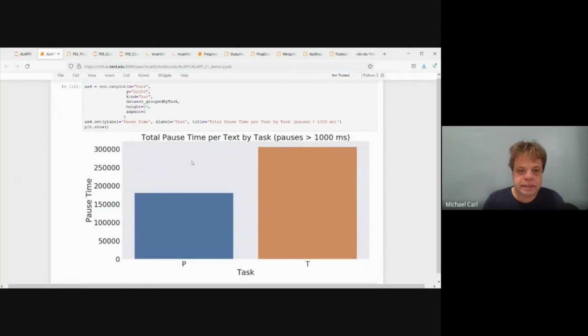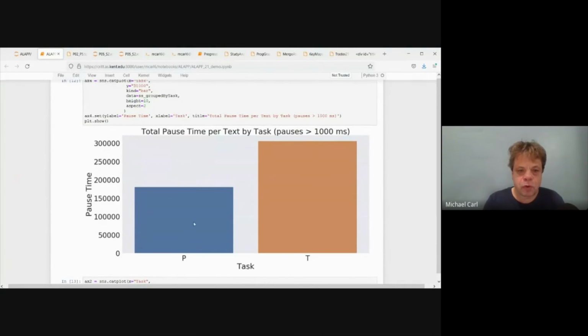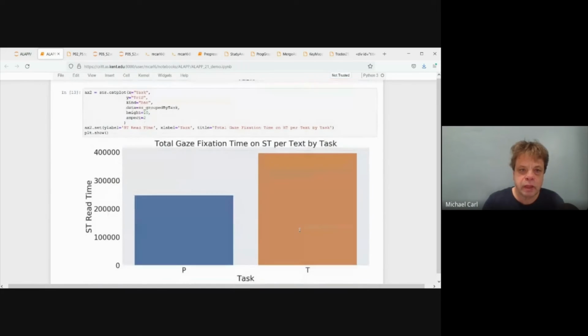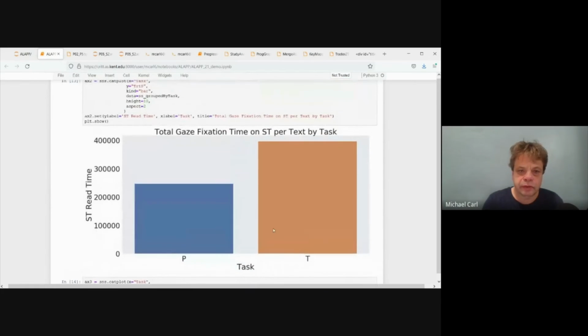And we can see in this graph that this relation is much higher in translation than in post-editing, which is an indicator that post-editing is maybe less effortful than translation. Here we have the same thing with source text reading time. So how much of the fixations were found on the source text in post-editing and in translation.